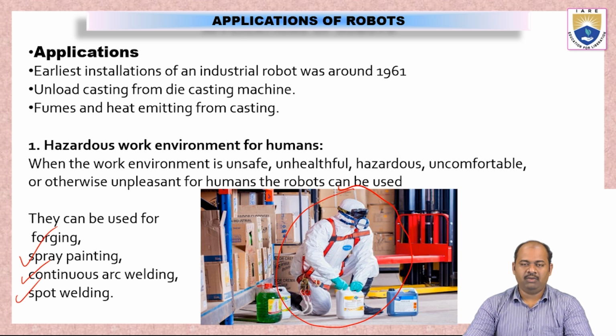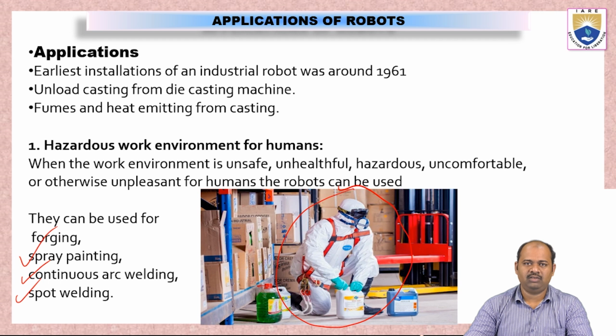So that is why he has to wear a lot of equipment, like a suit and some kind of protection for the nose and protection for the eyes. When working in this kind of suit for longer hours, it is very uncomfortable for a human being because it may cause heat inside the suit and he may not breathe easily through the mask. He may not see clearly through those goggles. So in this kind of situation, we can use robots for relieving human beings from such a hazardous environment.